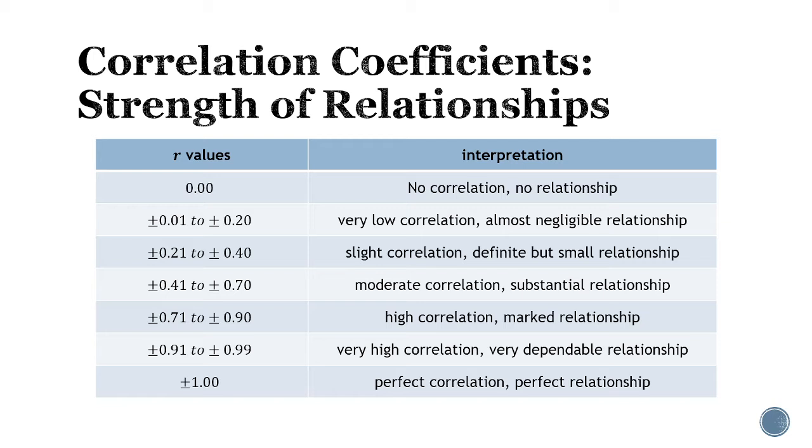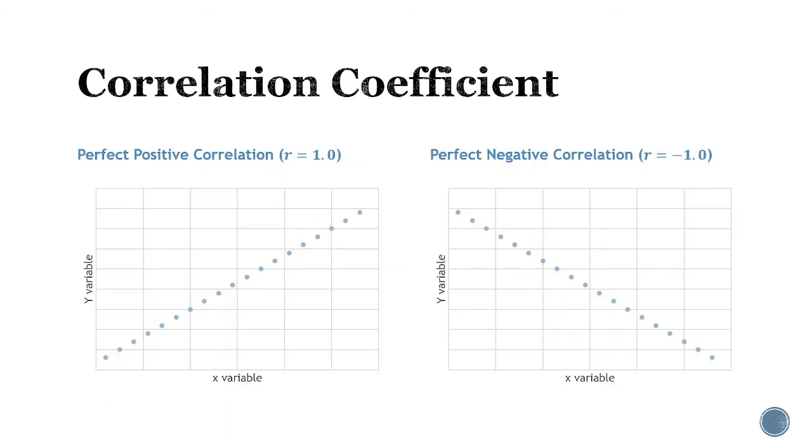If we put our R values in a scatter plot, this is how they will look. For R equal to +1, we have a perfect positive correlation, a straight line in our scatter plot.